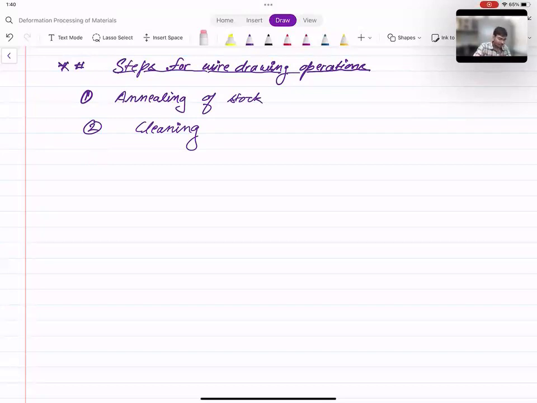Let me write the types of cleaning that we can use before we mention the drawing. Cleaning can be done firstly by acid pickling. Acid will dissolve any kind of impurities present on the surface.